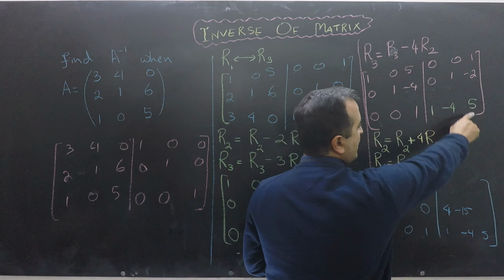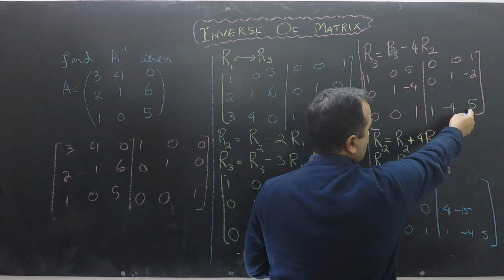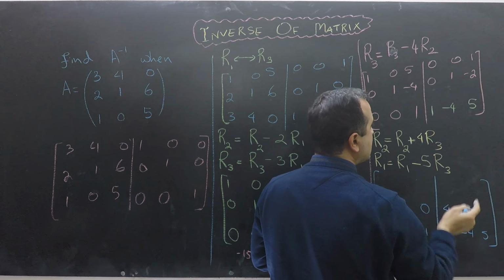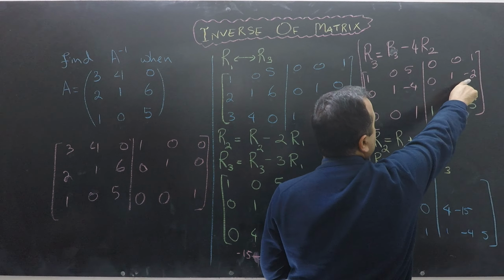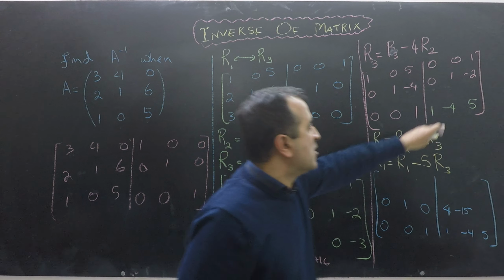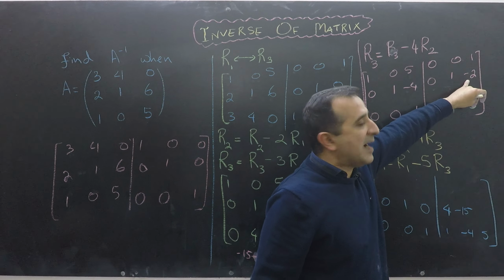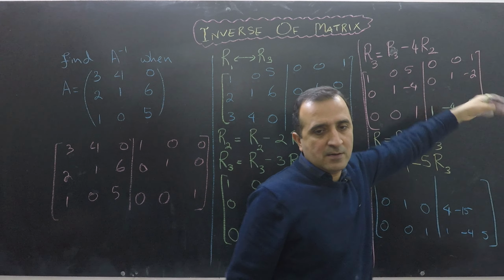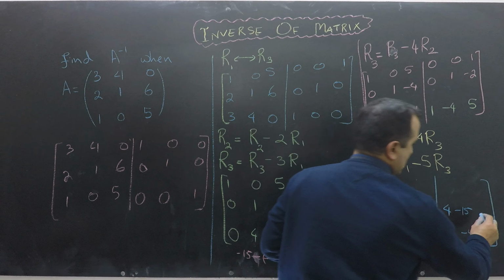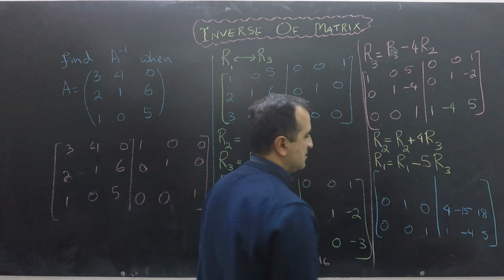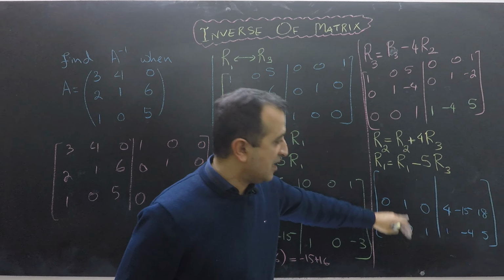Then we multiply this by 4, it will become 20, and minus 20 minus 2 is going to be 18. So we are done with our last two rows.